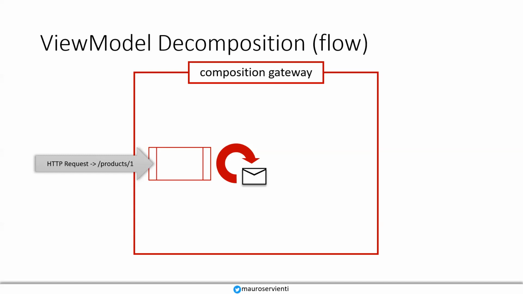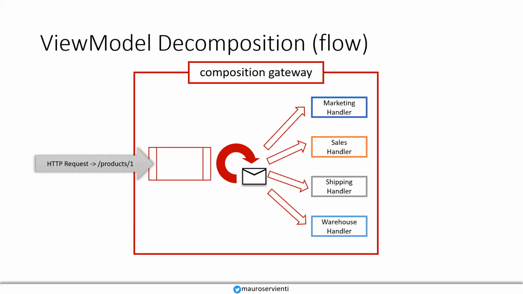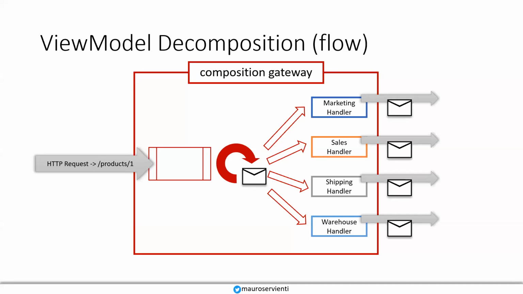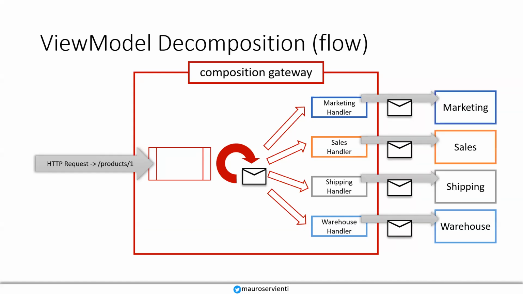So now we immediately handled the incoming HTTP request, and we have a message in the input queue of the composition gateway. When the message is handled, every single handler is invoked over a message, in this case, not anymore an incoming HTTP request, and handlers will send out messages to their own backends in order to tell them, hey, add this to the sales shopping cart, add this to the shipping shopping cart, add this to the warehouse shopping cart.